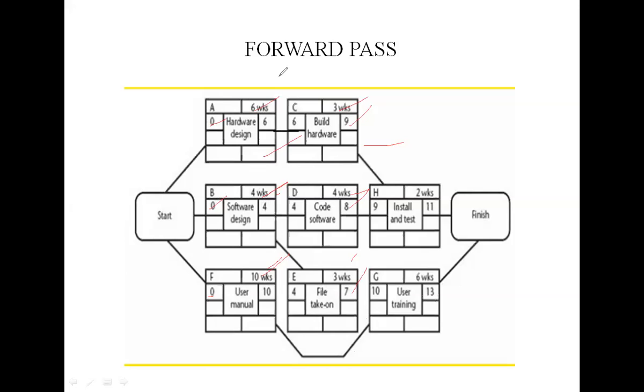So activities D and E will start as soon as B is completed, because the precedence of D and E is B. So total 4 plus 4, 8, and 4 plus 3, 7.